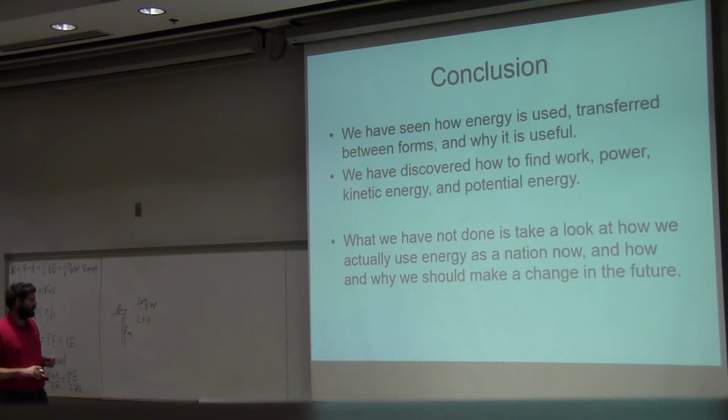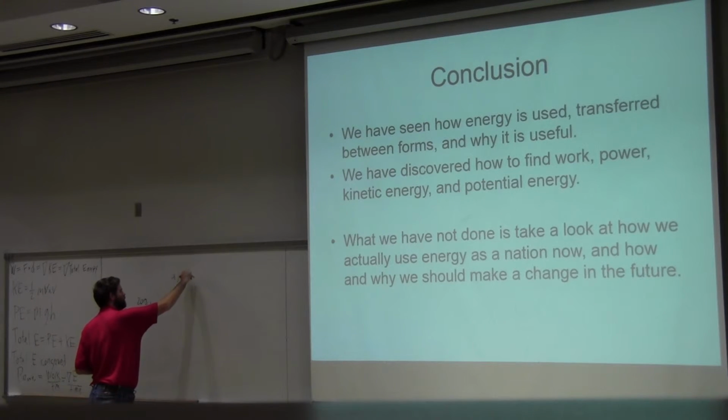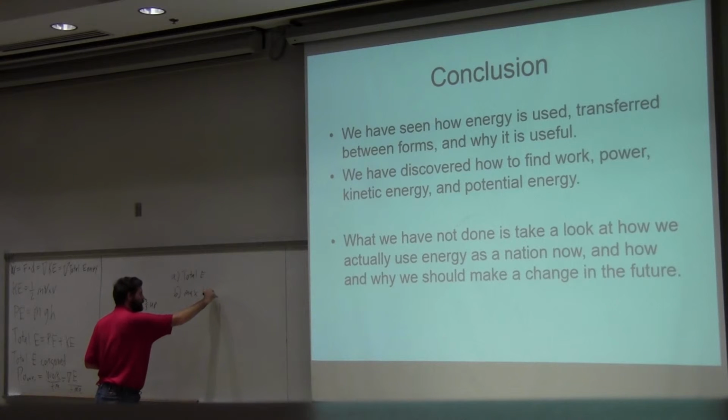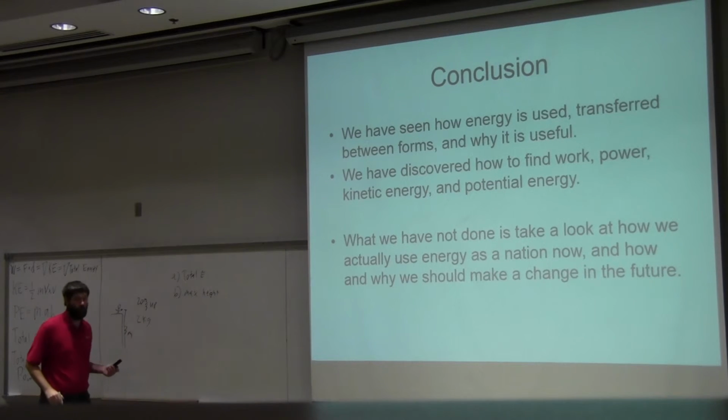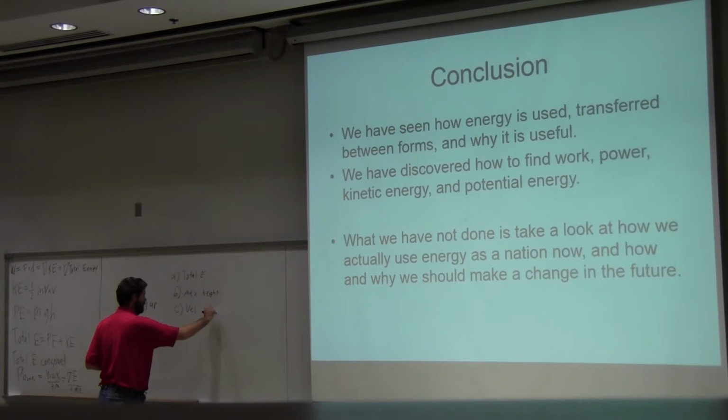So here's what I want you to calculate. A, the total energy. B, the max height. Remember, at some point the kinetic energy is going to go away. C, the velocity when it hits the ground, or just before it hits the ground.